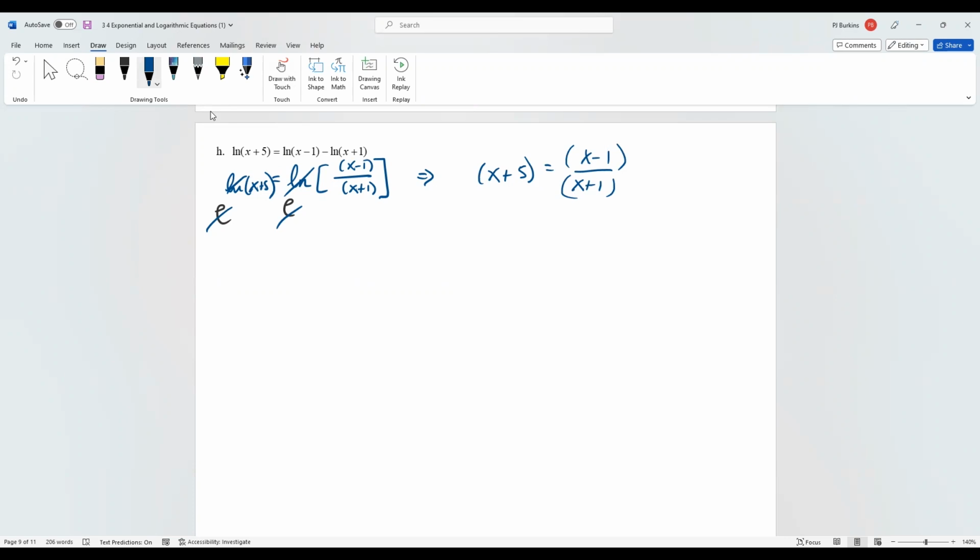Now that I'm here, I'm going to move this to the other side by multiplying by it. And then I'm going to go ahead and FOIL. So I would get x squared plus 5x plus x, and then plus 5.